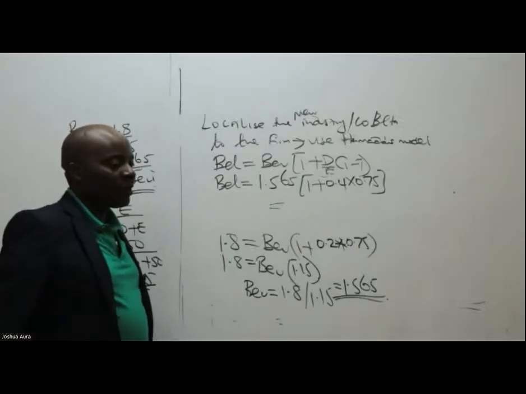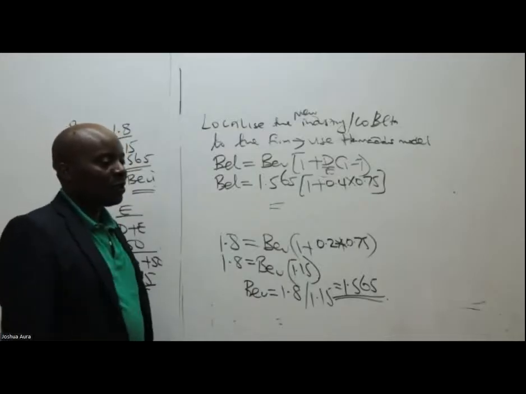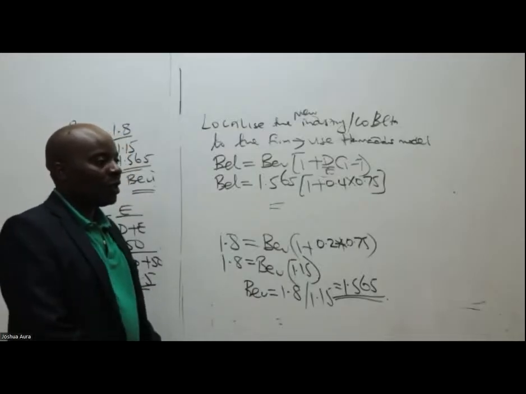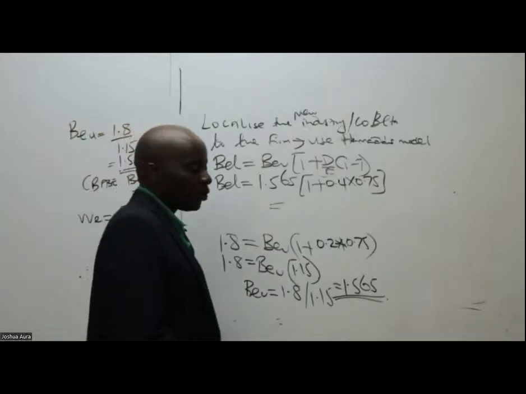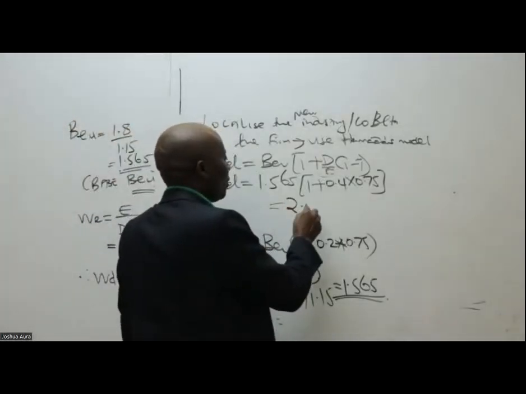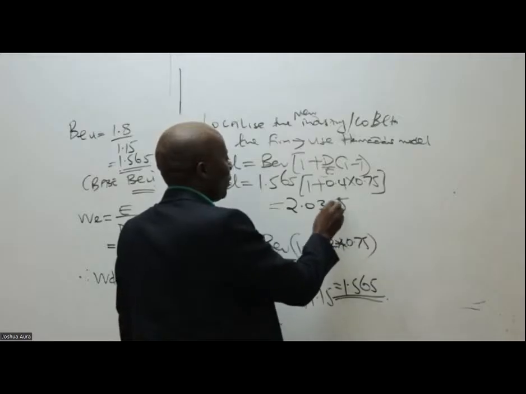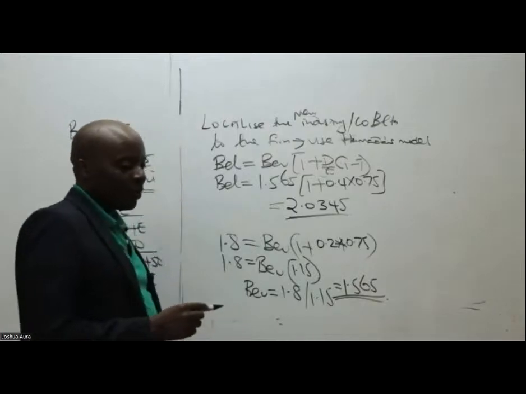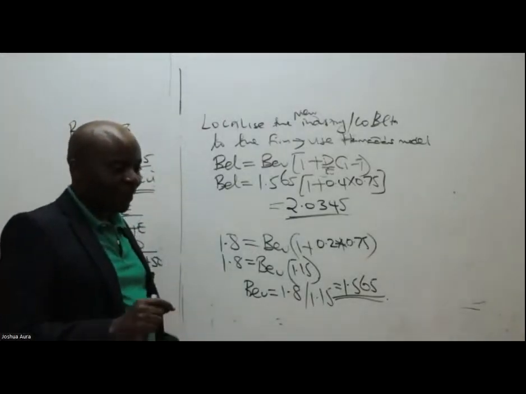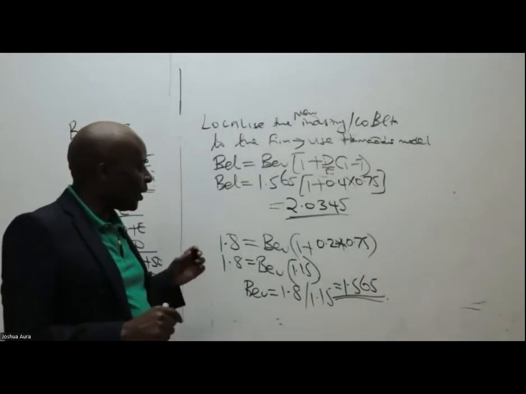Using your calculators, what will be the beta equity of a levered organization then? So this is 2.0345. That's the beta equity of a levered organization. I've been able to localize. I've been able to get this BEL.